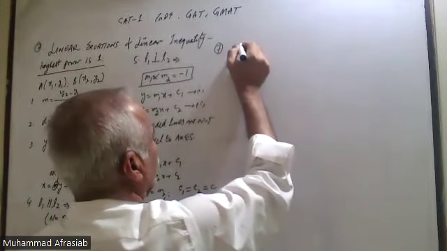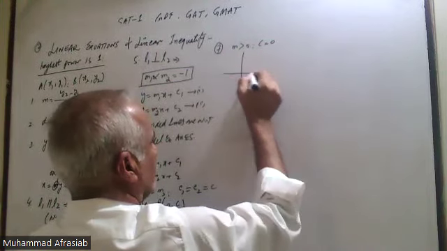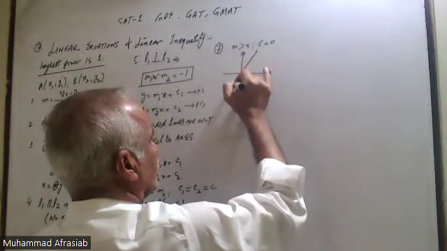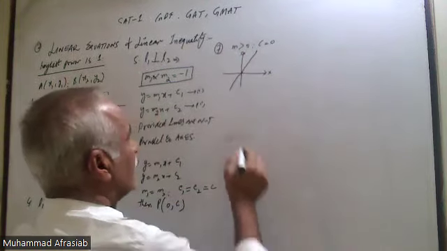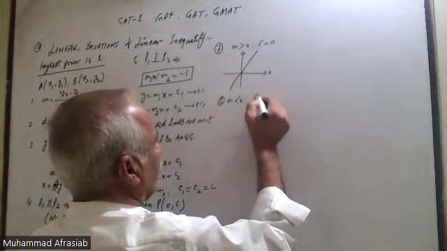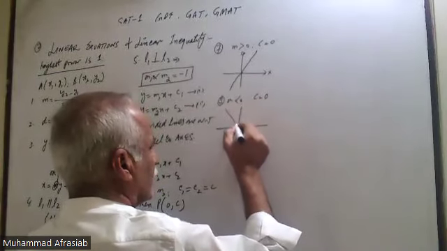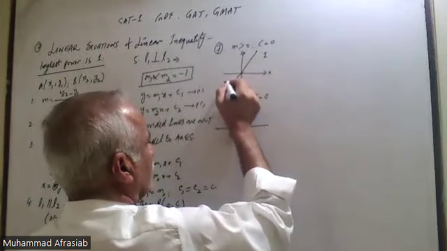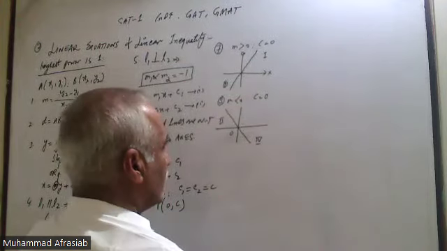If the slope is positive and the y-intercept is equal to 0, then on the graph this is the line which passes through the origin and has a positive slope. If the slope is negative, where c is equal to 0, then it is a line passing through the origin; the positive-slope line passes through the first and third quadrants, and this line passes through the second and fourth quadrants.